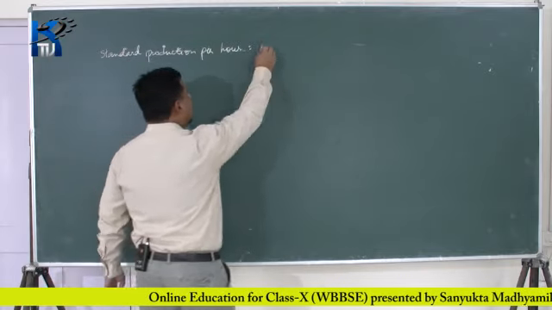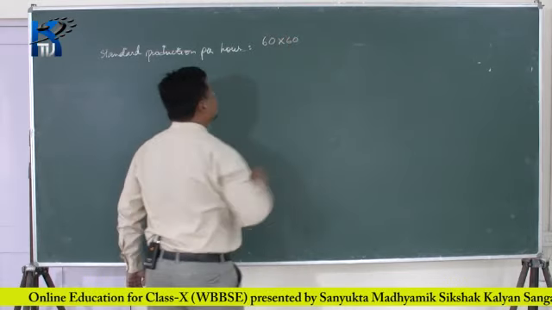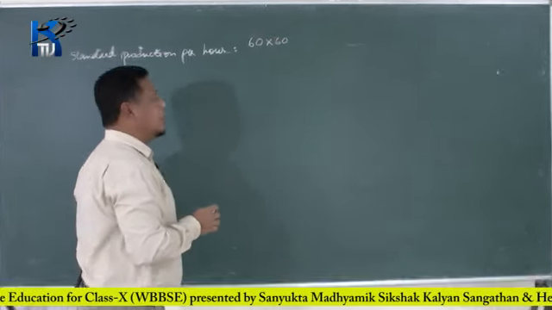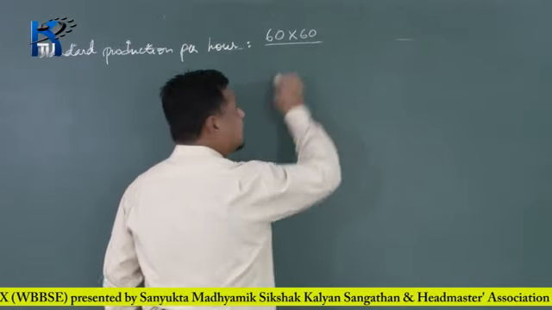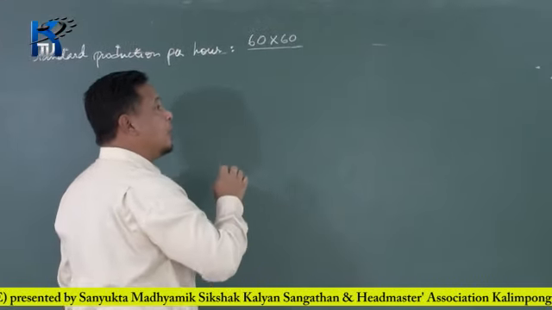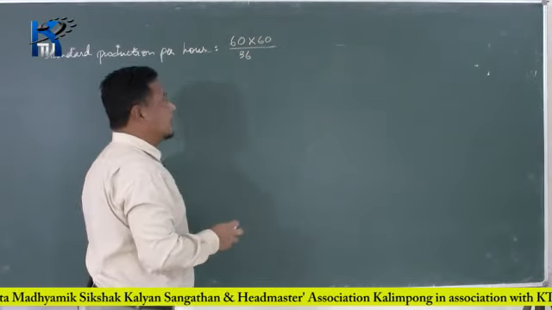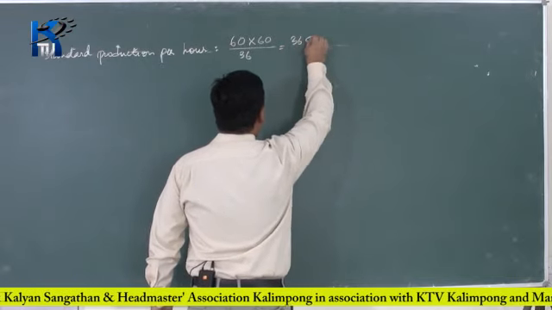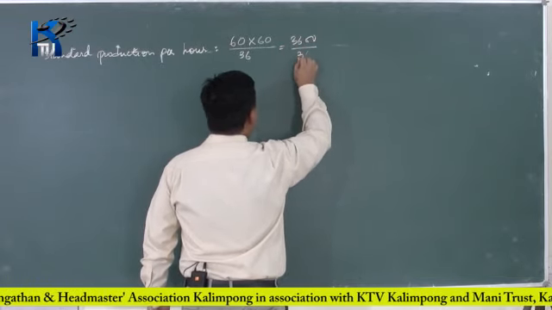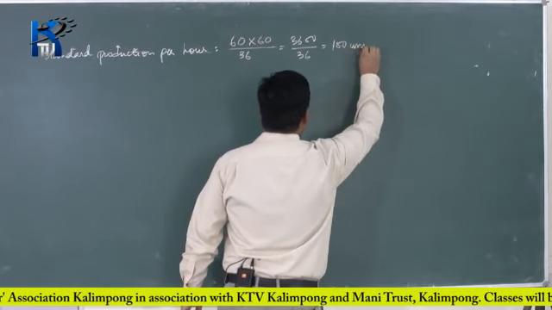That means in an hour there are 60 seconds into 60 minutes, which equals 3600 seconds, and each product utilizes 36 seconds. That means 3600 divided by 36 equals 100 units.